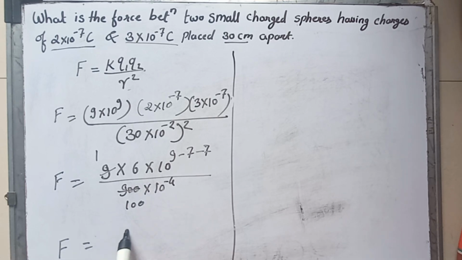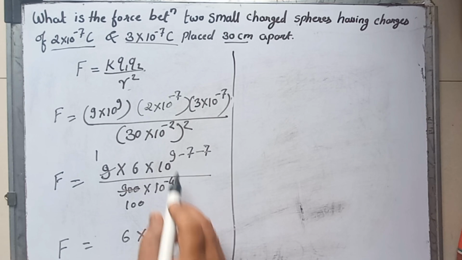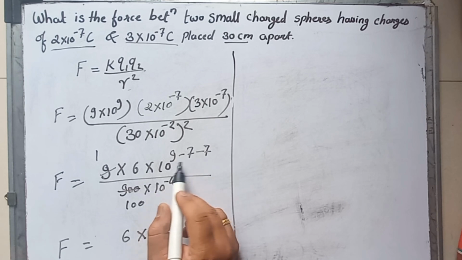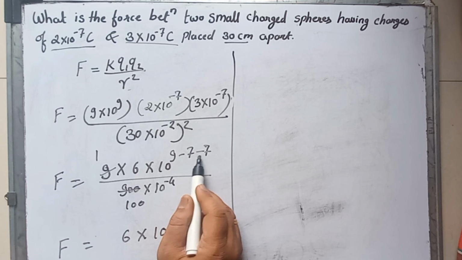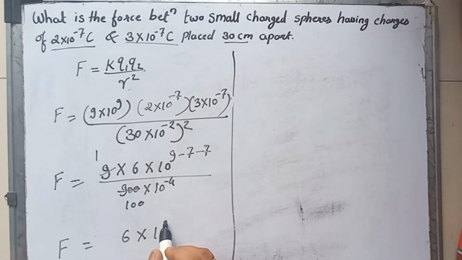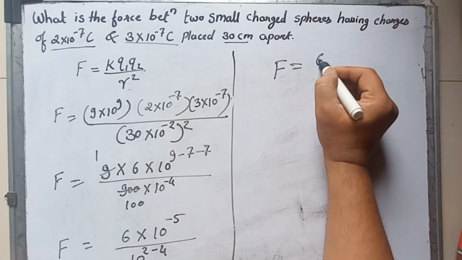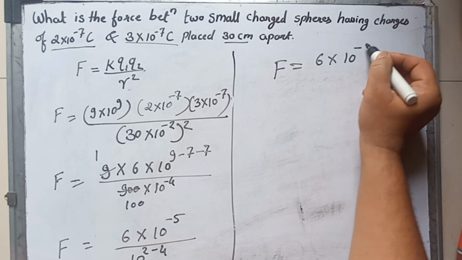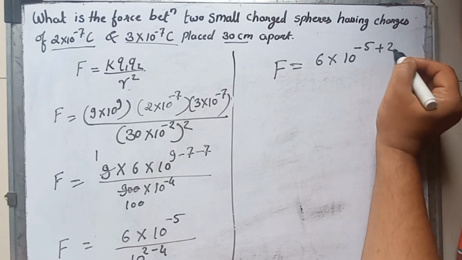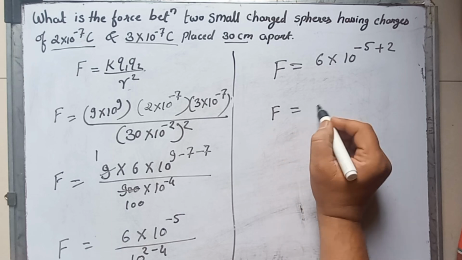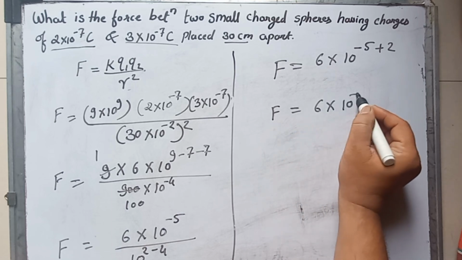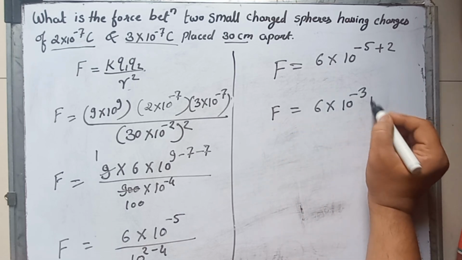F can be written as 6 × 10^(9 - 14), which is 10^-5, divided by 10^(2 - 4). So F is equal to 6 × 10^(-5 + 2). So F is equal to 6 × 10^-3 newton.